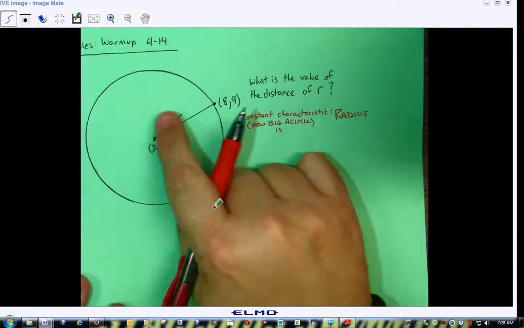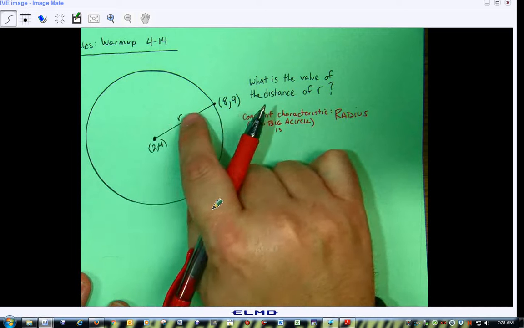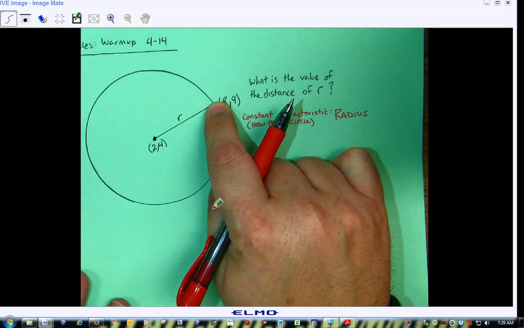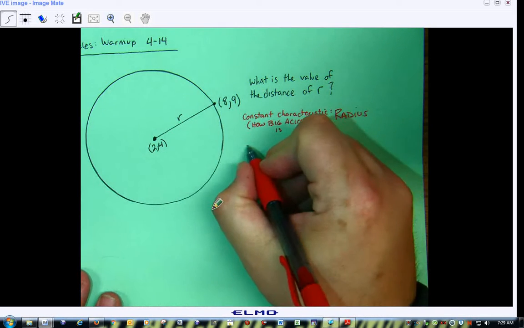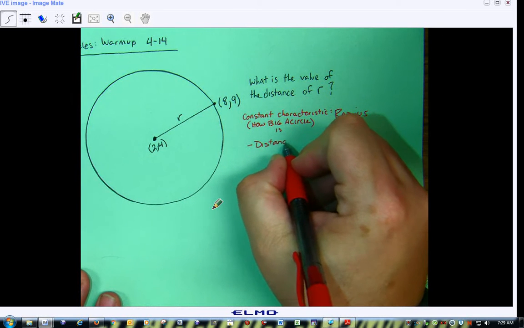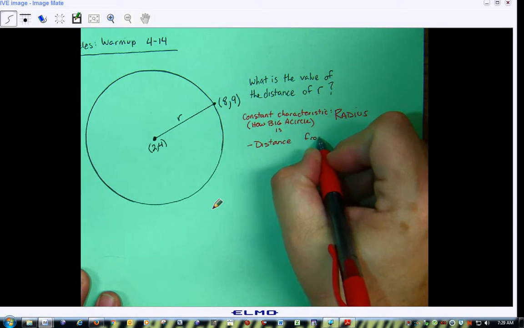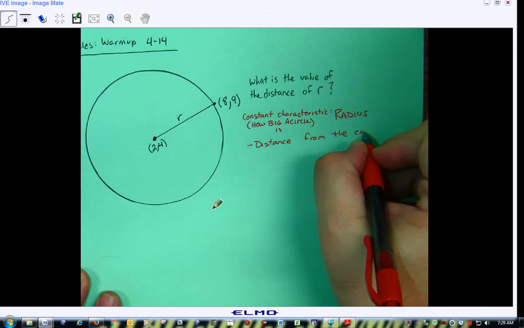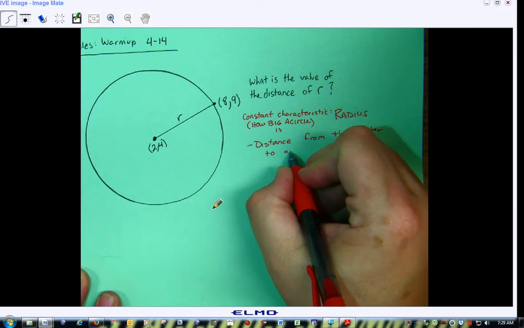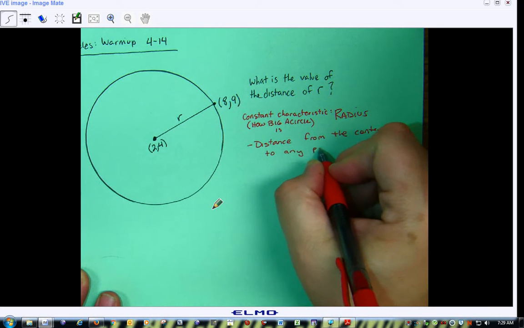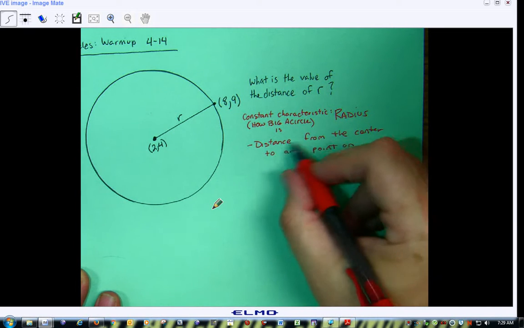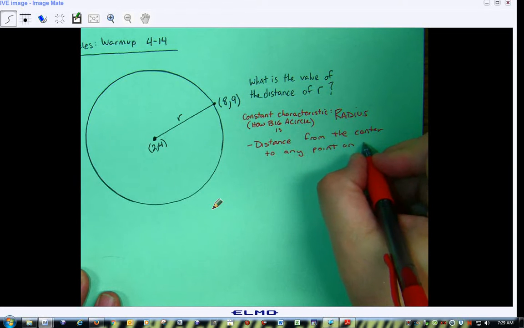So whatever this r is, it's the distance from the center of the circle to any point on the circle.